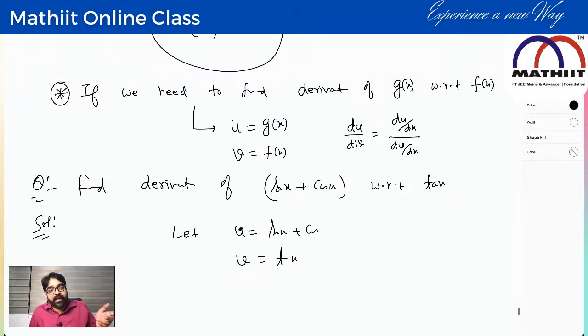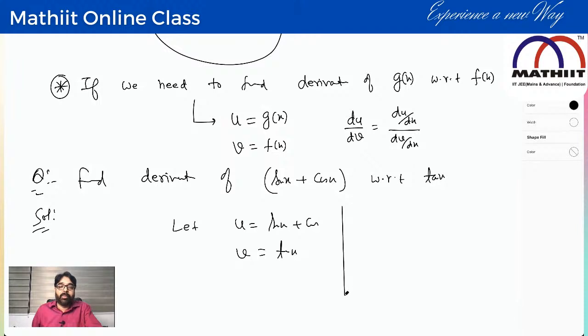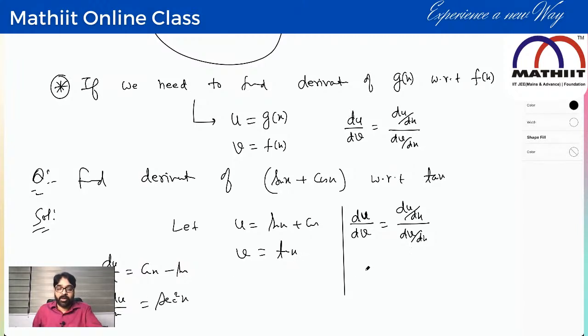So I have to find du by dv. Du by dv will be equal to du by dx divided by dv by dx. Du by dx will be equal to cos x minus sin x, and dv by dx will be equal to secant square x, where tan x's derivative is put here. So your du by dv will be equal to cos x minus sin x divided by secant square x. Finish. That is the answer.